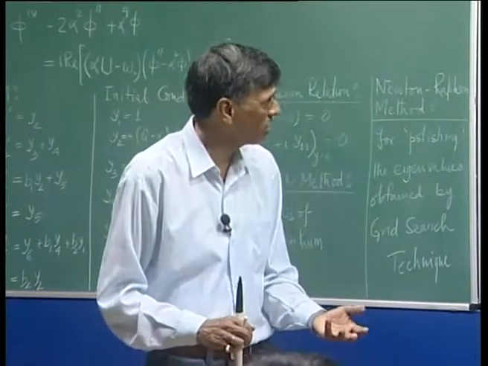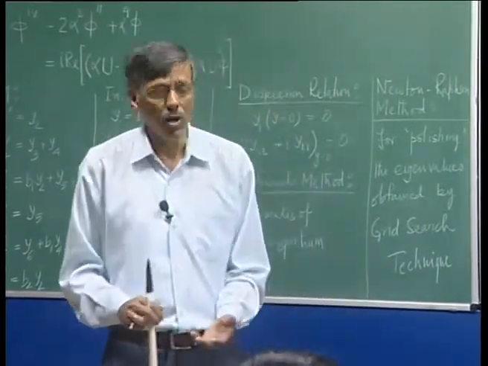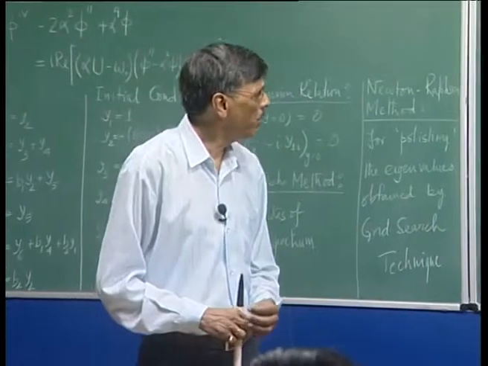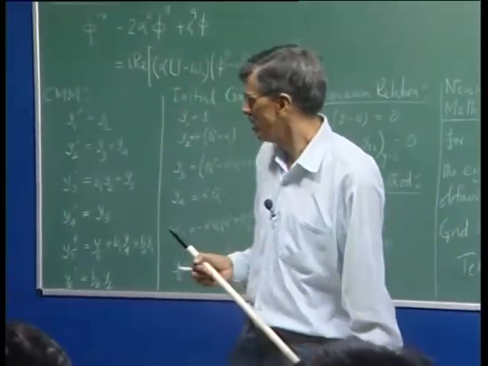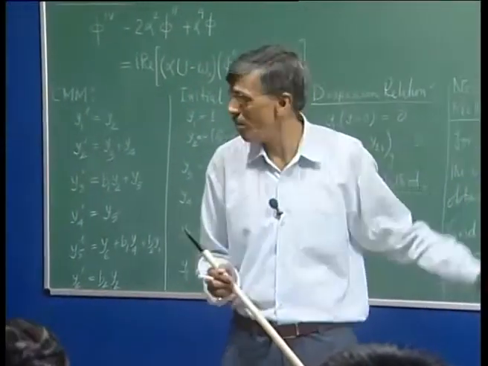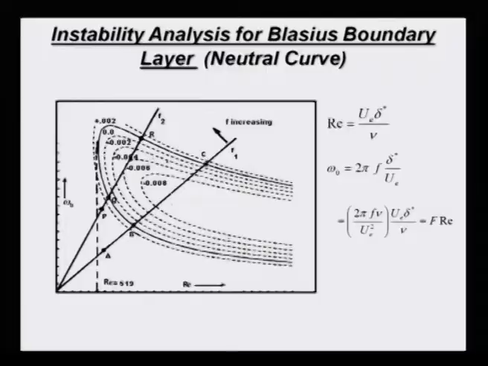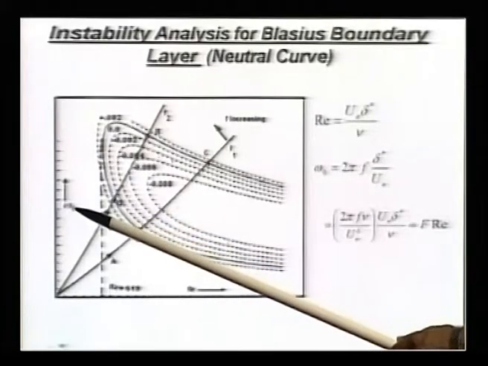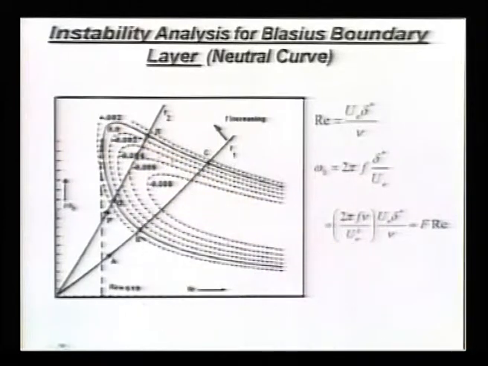When we do not make such an assumption, what do we get? In this case, we are assuming a signal problem and this is the consequence. Plotted omega naught on the y axis, Re on the x axis. Re is defined in terms of the boundary layer edge velocity, the displacement thickness and the kinematic viscosity that we are quite familiar with.